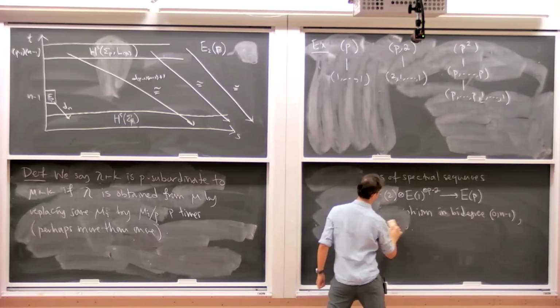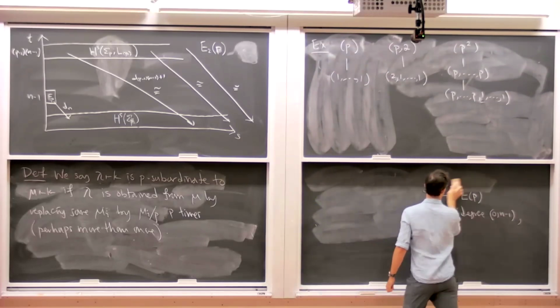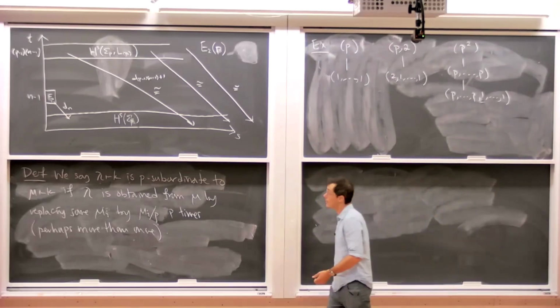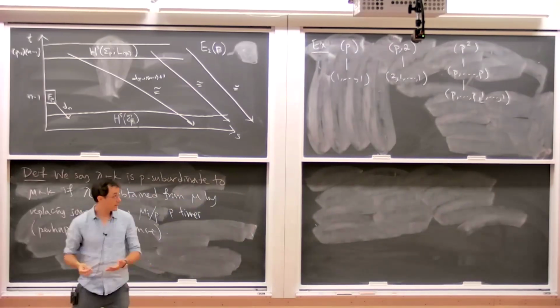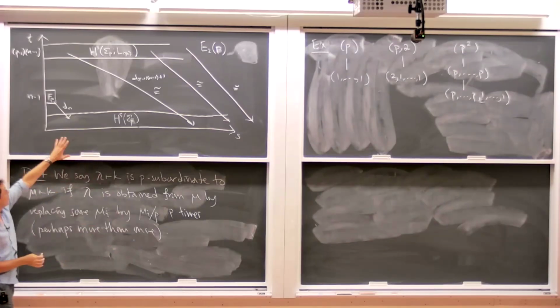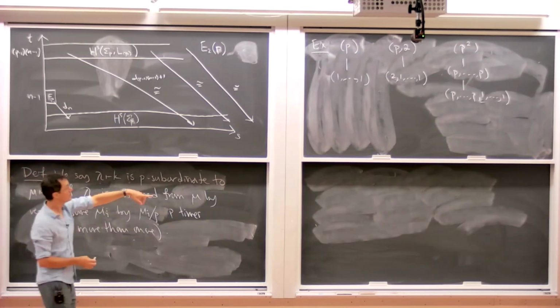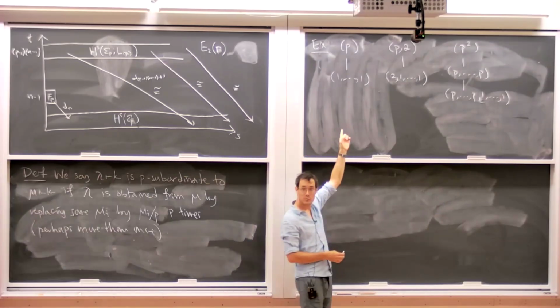So the relevance to what we're talking about is that all of the differentials in the Cartan-Lie spectral sequence, it turns out, reflect this relation of P subordinacy, just as this long differential reflects this first relation of P subordinacy.